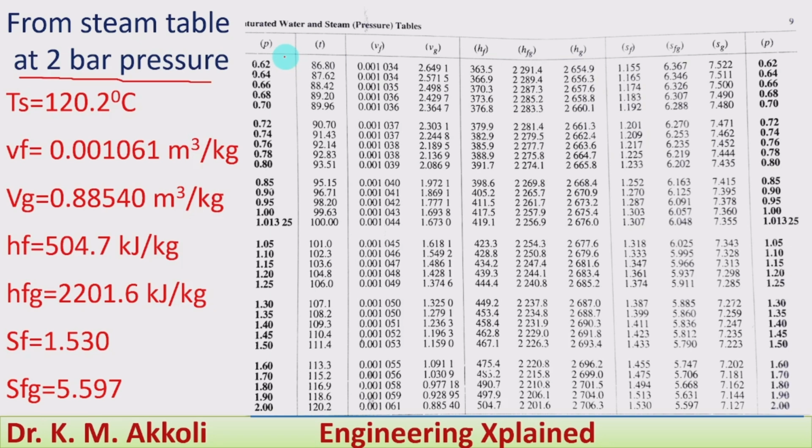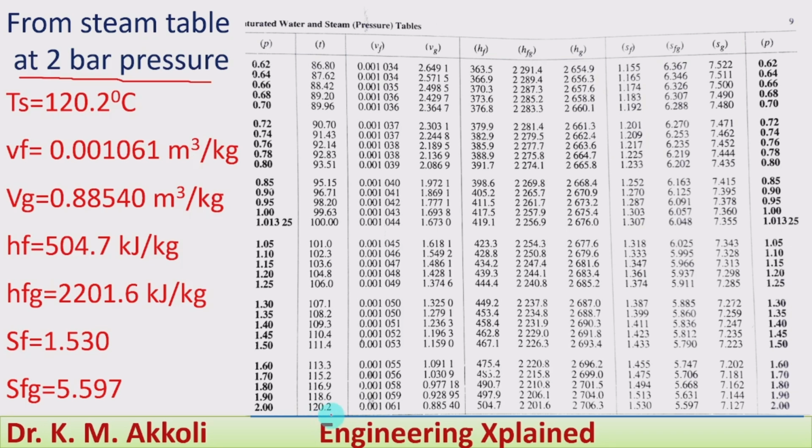In this part of the steam table the pressure is varying from 0.622 bar to 2 bar, and we have the pressure of the steam at 2 bar.